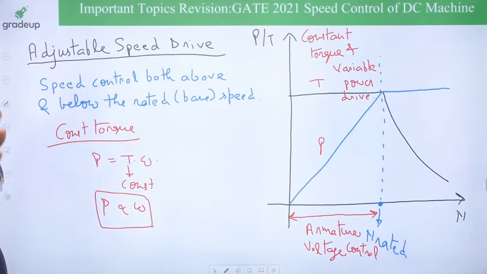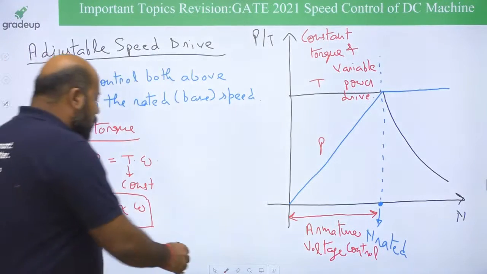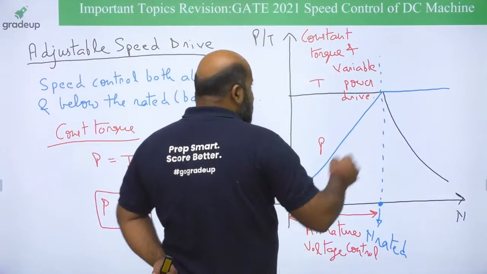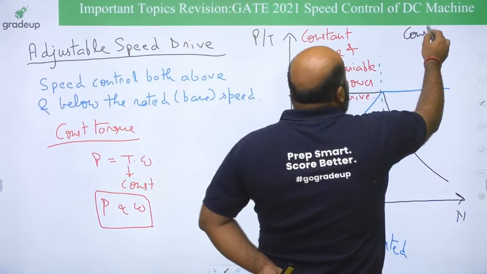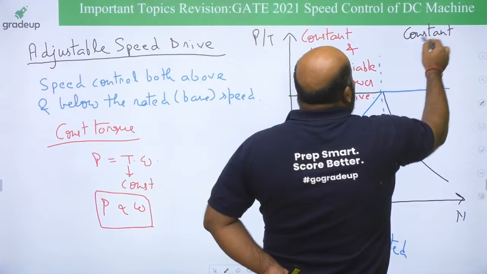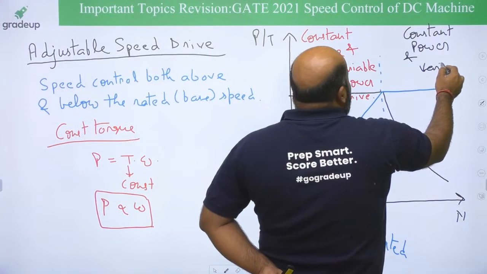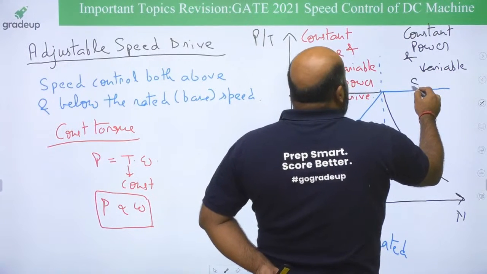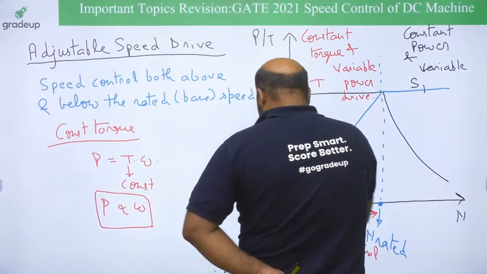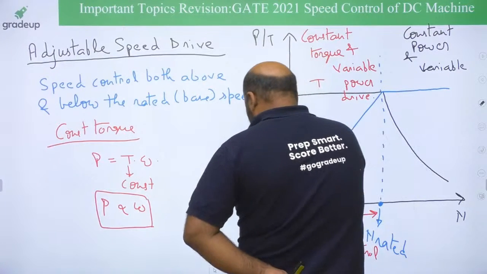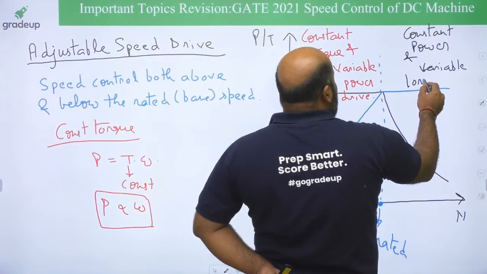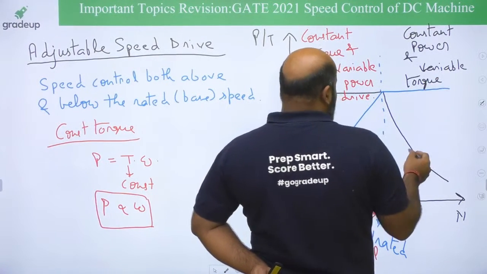Similarly, if you go for the speed above the rated speed, you are going for constant power and variable torque drive.